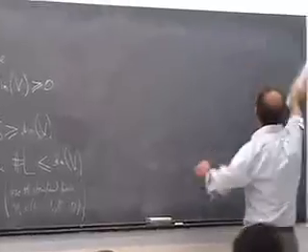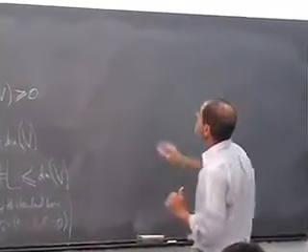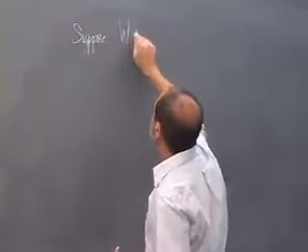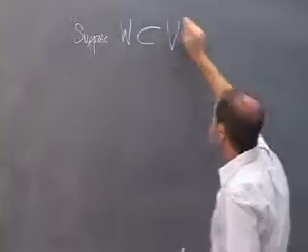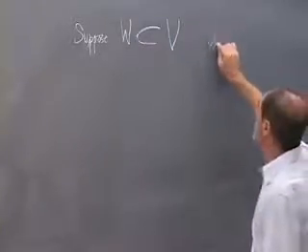So suppose W is a subspace of V. They're all finite dimensional.